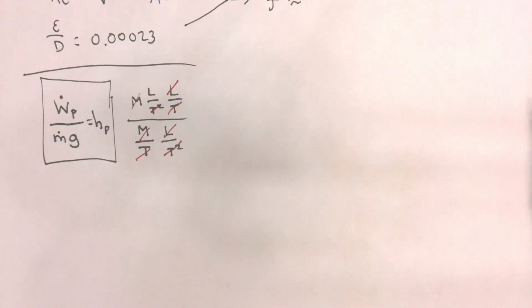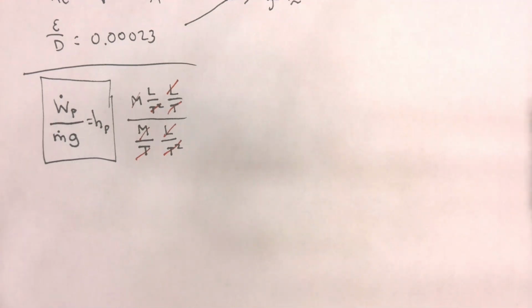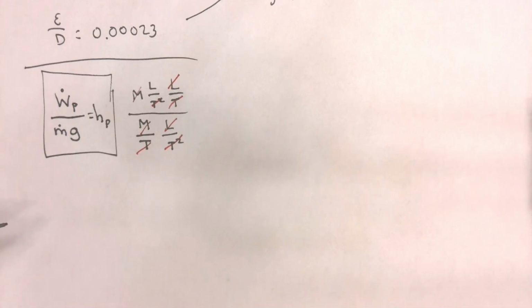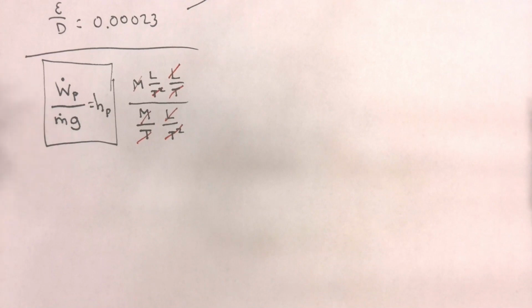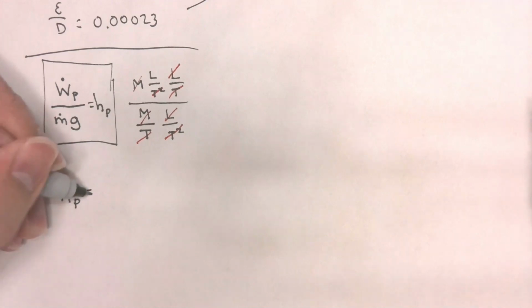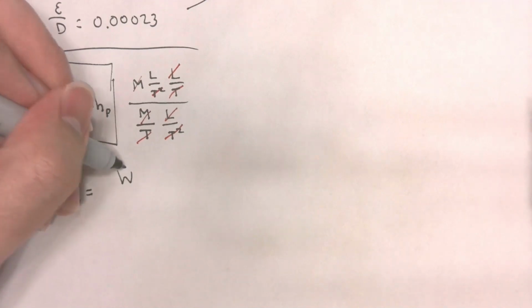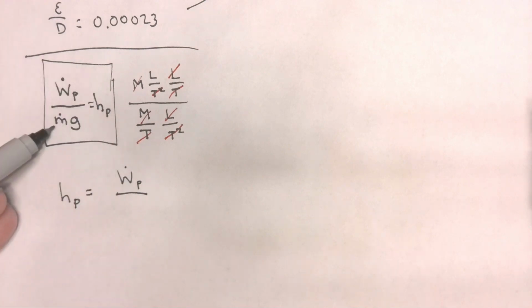Now, when we're asked to find the pump power requirement, we need to take this pump head and go all the way back to pump power. We're not really dealing with mass flux, but we are dealing with flow rate, and our flow is steady and uniform. So we can express our pump head as equal to the pump power divided by mass flux.